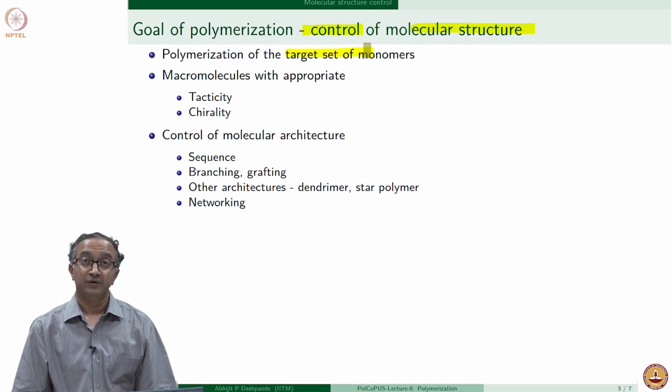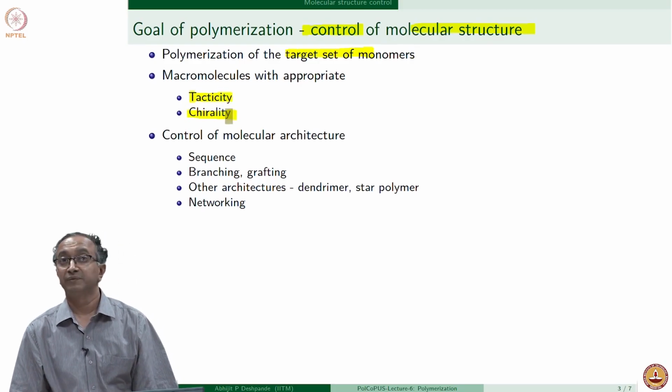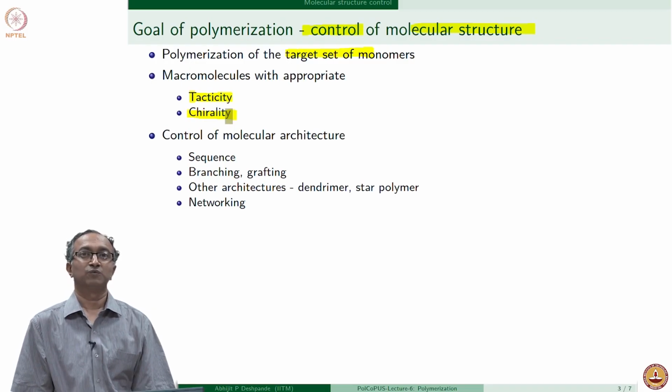And the macromolecules that we generate need to have the appropriate amount of tacticity and chirality. In case you are not familiar with these terms, just go and search, and in your initial search itself, you will see lots of images which explain what is meant by tacticity and chirality.